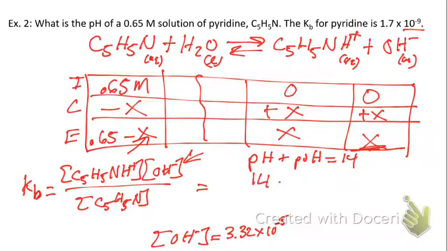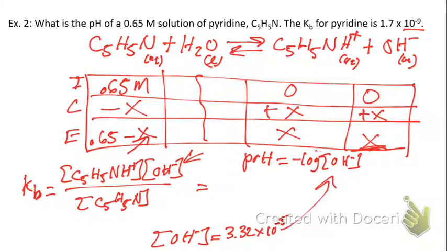So 14 minus the pOH, which we have to find first. pOH is the negative log of the hydroxide concentration. Plug that in, and we get a pOH of 4.48. Let me double check my math.